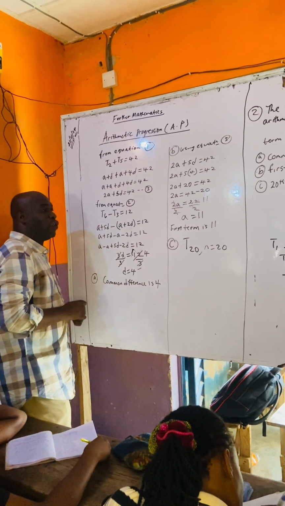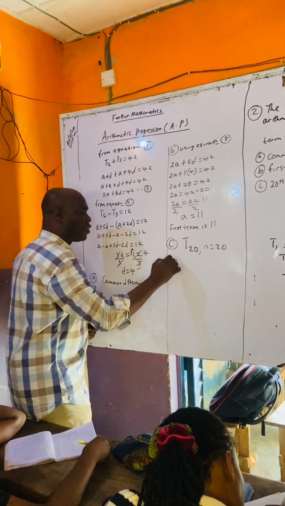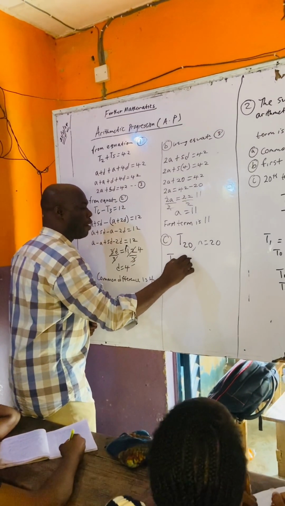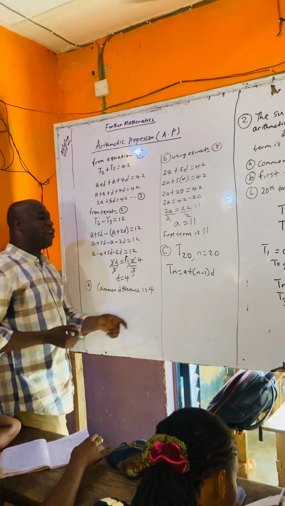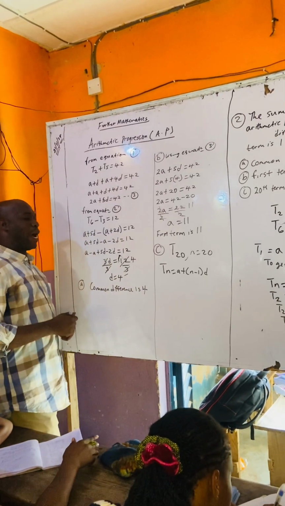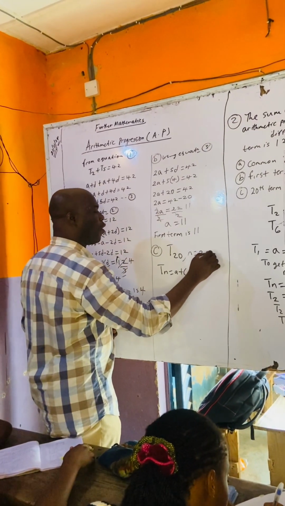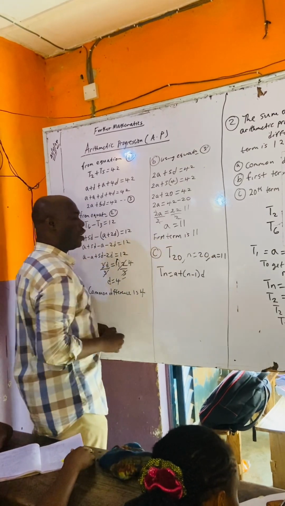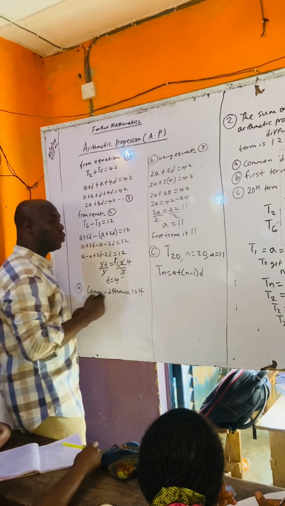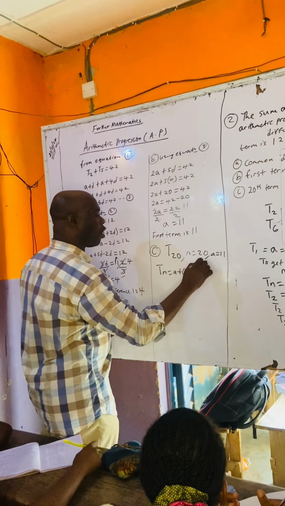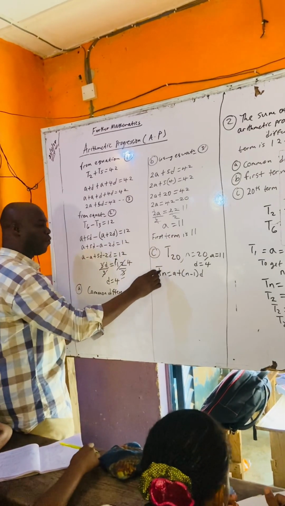Good. Look at the formula we are using: Tn is equal to a plus n minus 1 d. We've got the value for n. Our a will be 11, and d is equal to 4. Good.